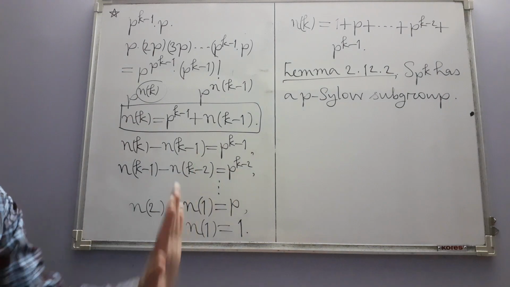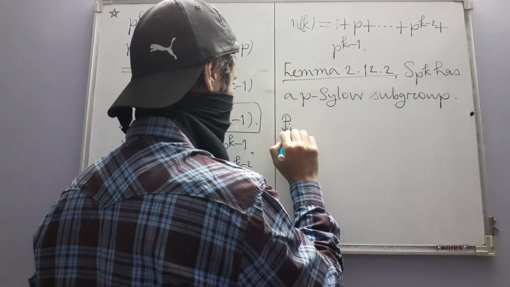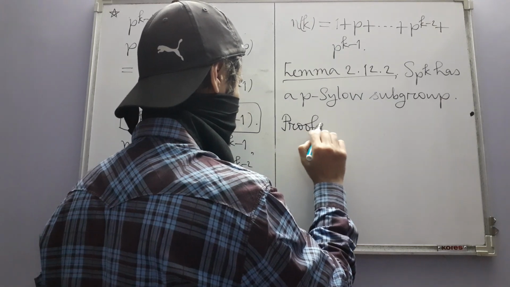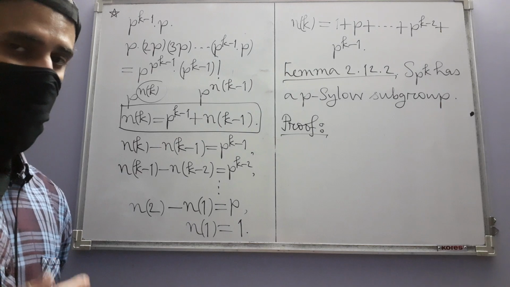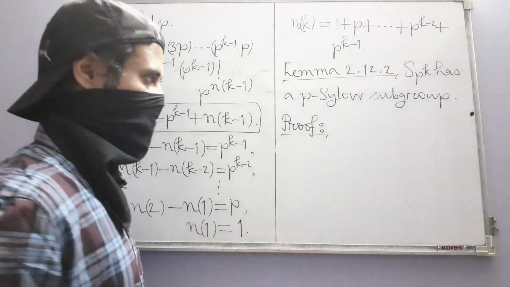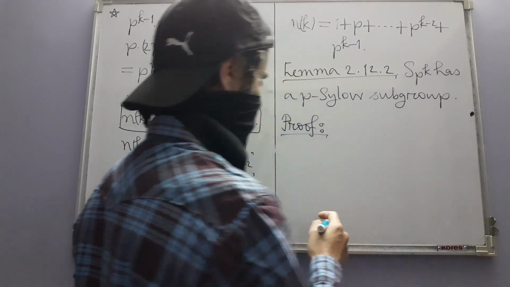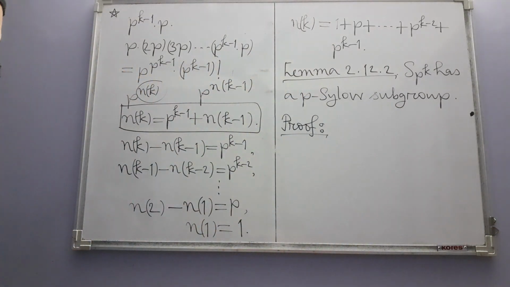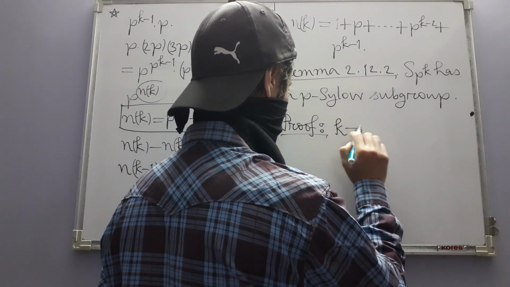This proof is going to be by induction. But still there is a construction also inside that induction. I mean, at the induction step there is a construction of the group actually. So for induction we have to consider the smallest value of k, and the smallest value of k is k equal to 1.